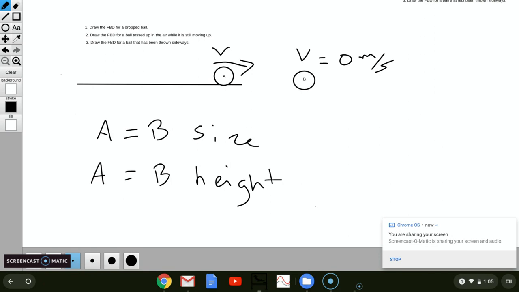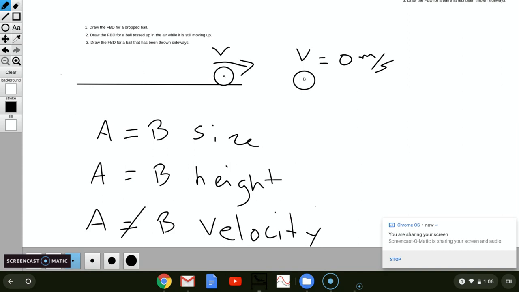But here's what's different: A and B do not have the same velocity, all right? So A is on a table and it's rolling horizontally. So it has an initial velocity in the x direction. It's going to go flying off that table perfectly horizontally.